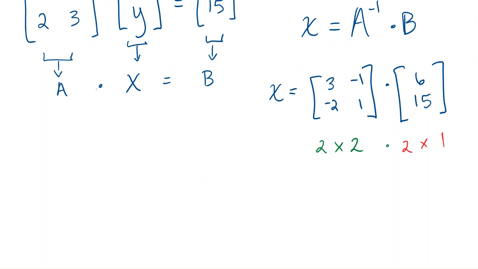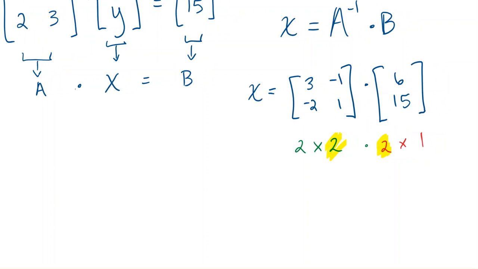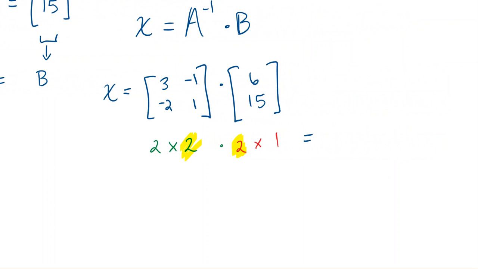We know that they can multiply if the number of columns of the first matrix equals the number of rows of the second matrix. Furthermore, we know the size of the resulting matrix will actually be a 2 by 1, okay? So we can just use that to check our work. So we should be expecting a 2 by 1 matrix, 2 rows, 1 column.